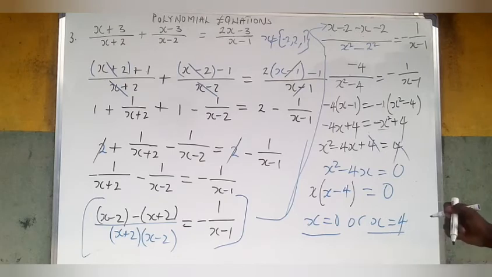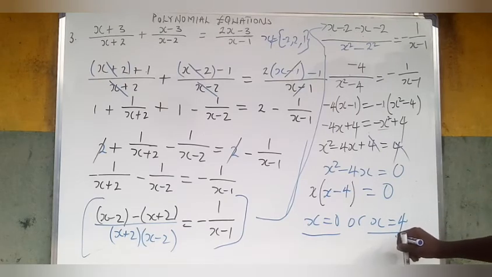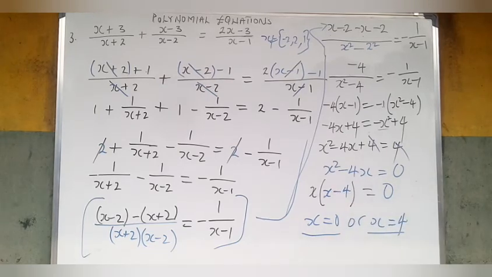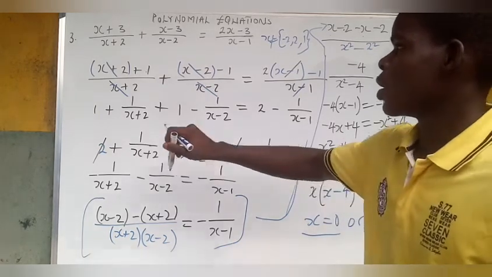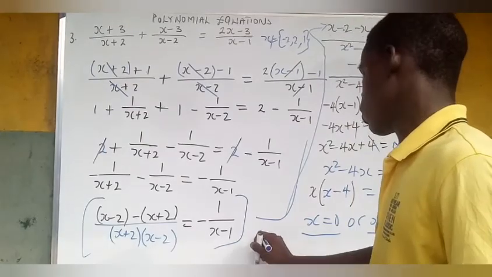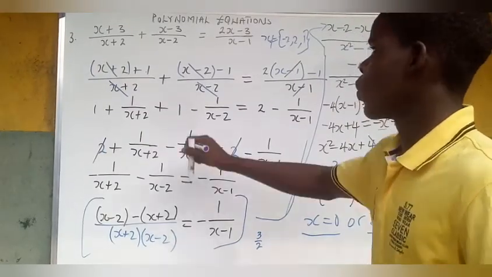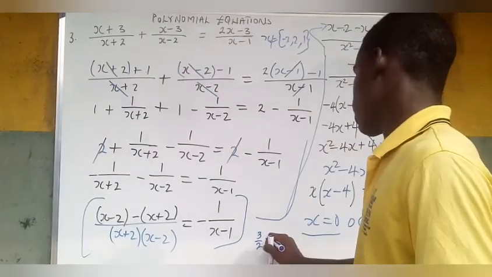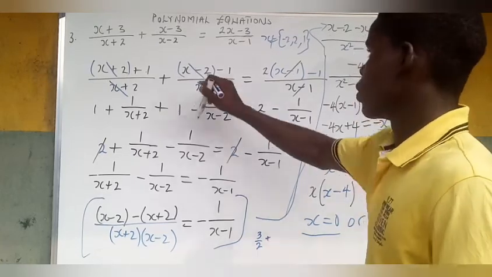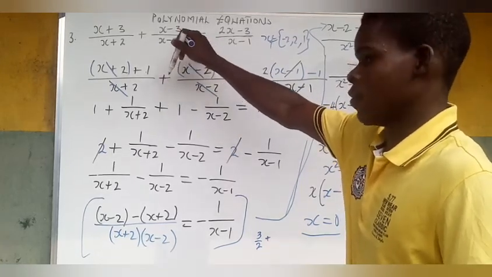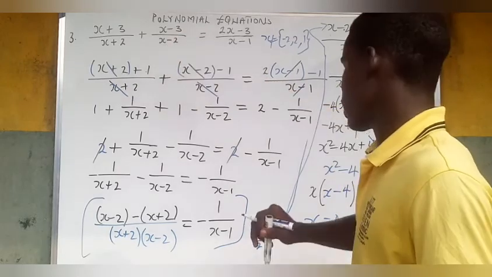Testing for 4 and 0. When x is 0, this will become 3 over 2. Minus 3 divided by minus 2, that is 3 over 2.